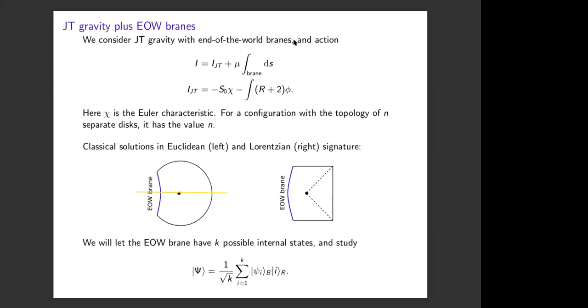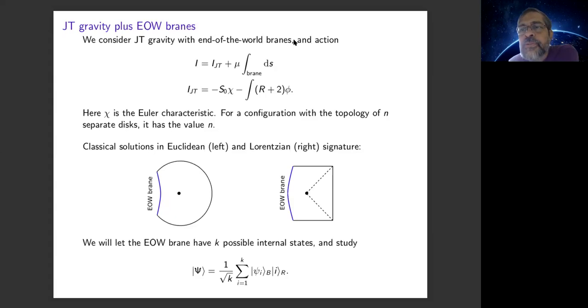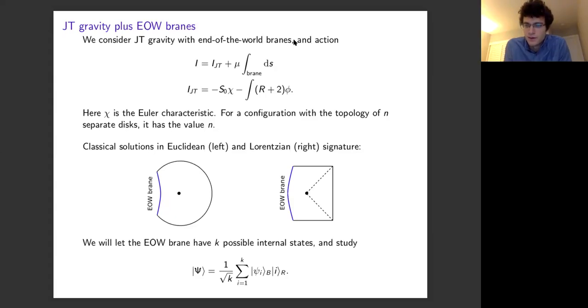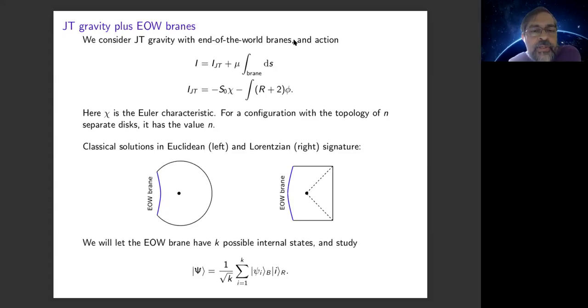Douglas, a question here. Hello. Hi. So I just wanted to ask, this end of the world brane, is the dimension of the entire Hilbert space of the end of the world brane given by k, or is it only some relevant subset of the end of the world brane which is entangled with the radiation?